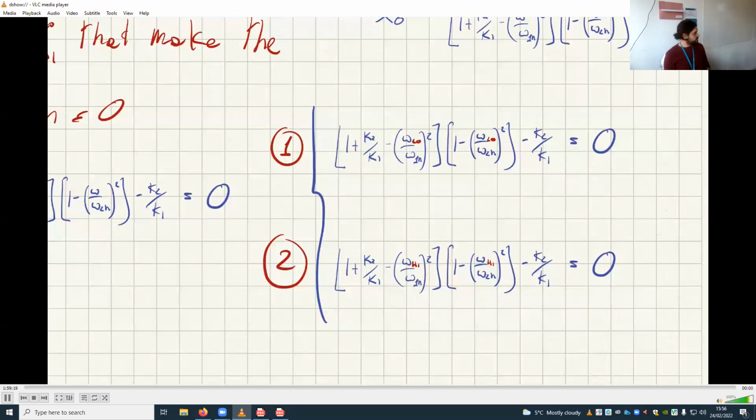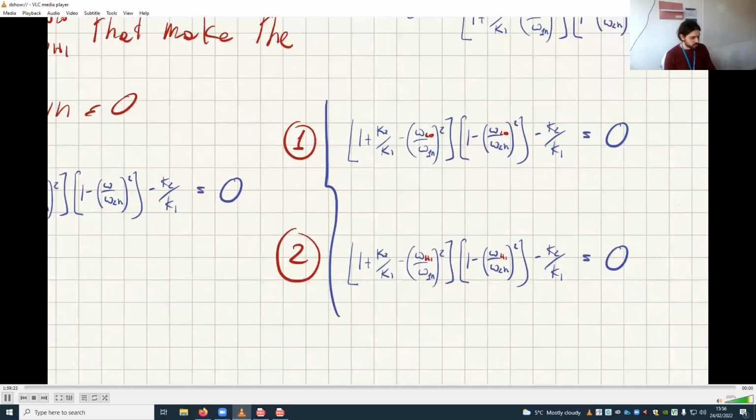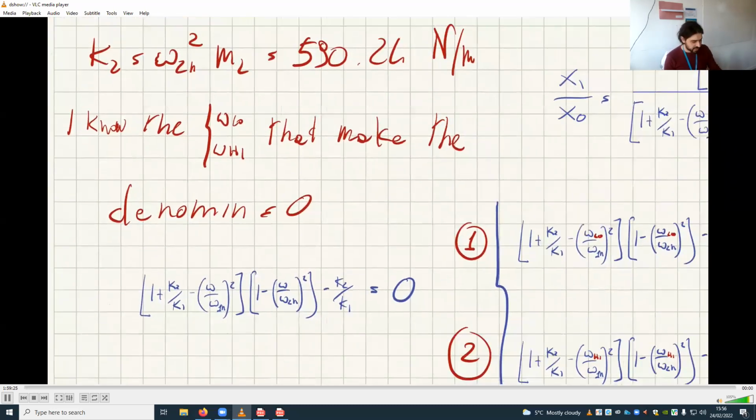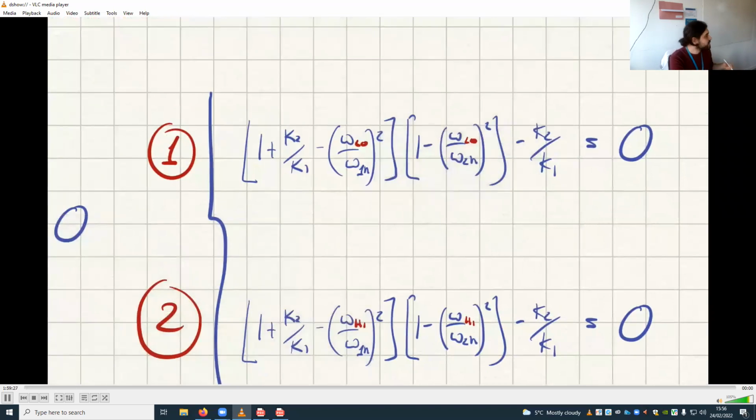What are the unknowns? What are the things that we don't know? K2 we just found. K2 is given. K1 is the stiffness of the pipe that we don't know. We have no idea. K1 is one of my unknowns, unknown 1. Omega 2n, do we know it? Yes, we do.